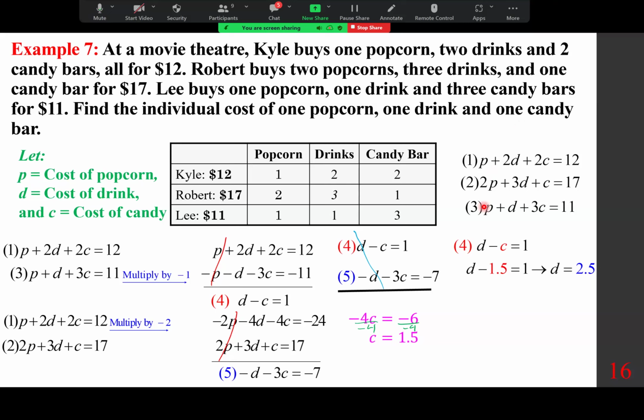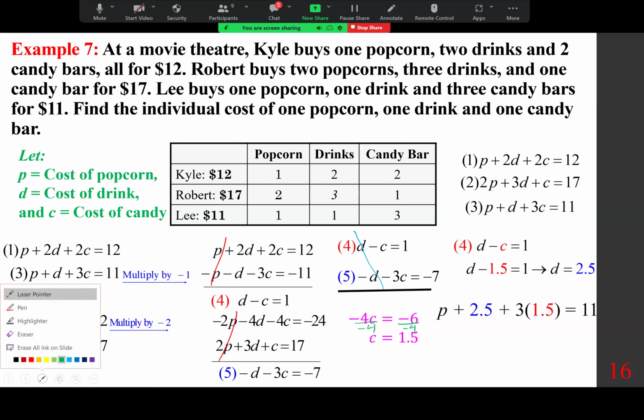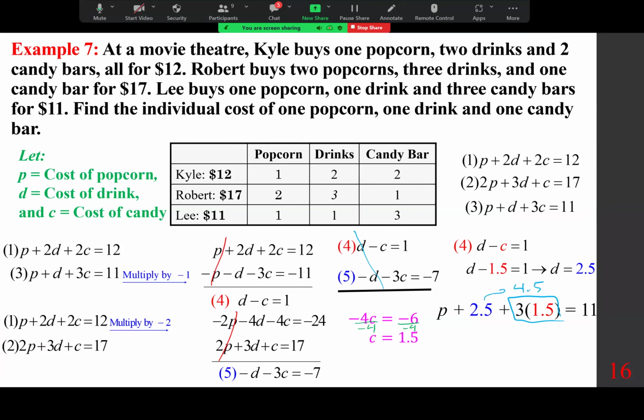For example, the third one, P plus D, that means P plus 2.5 plus 3 times 1.5 equals 11. This is 4.5 and 2.5 is 7.